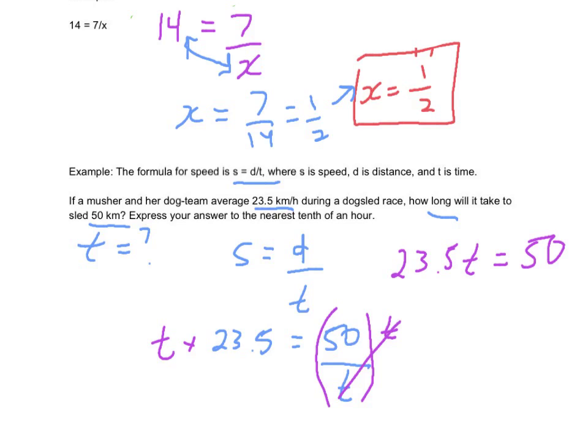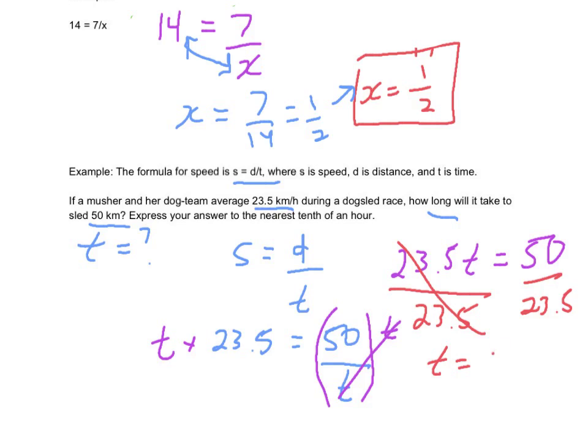Okay, now I see that 23.5 is multiplied by t, so I am going to divide both sides by 23.5. Okay, 23.5's cancel over there. T is going to be equal to just a little bit more than 2.